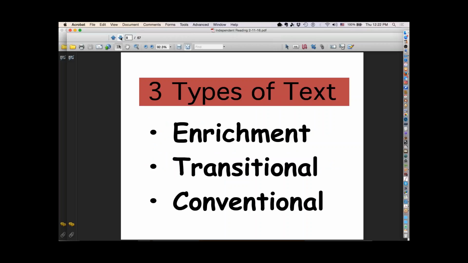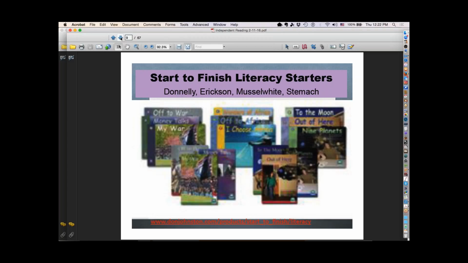And I think it's important to know that a range of text types are really helpful for our students. So we set up the Start to Finish Literacy Starters, and you can see the authors up there, by Don Johnston, based on this literacy framework. So I'll give you a few examples from there and also from other resources that you can get in various places, including lots of free resources.